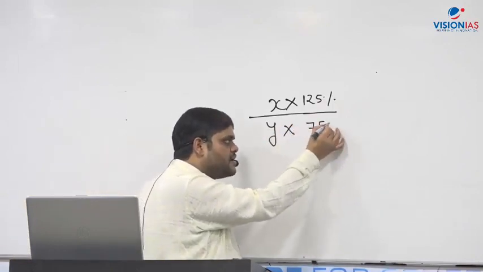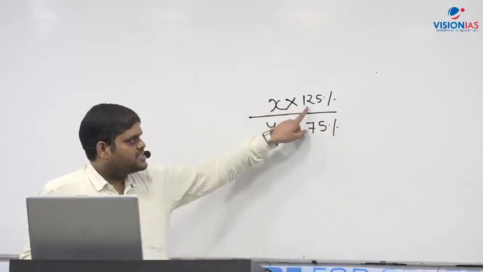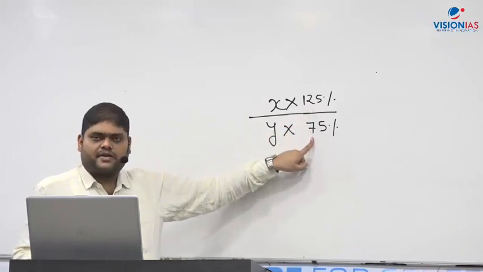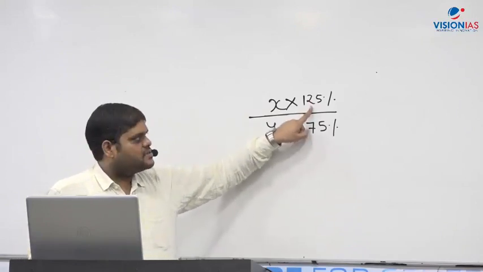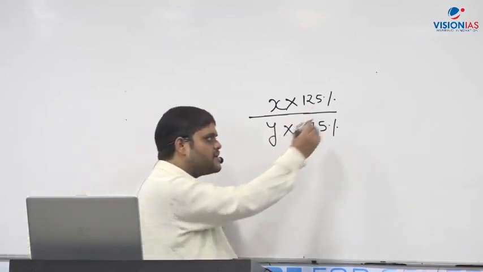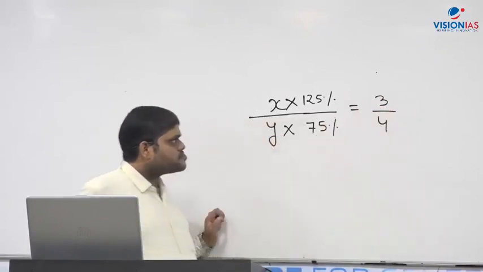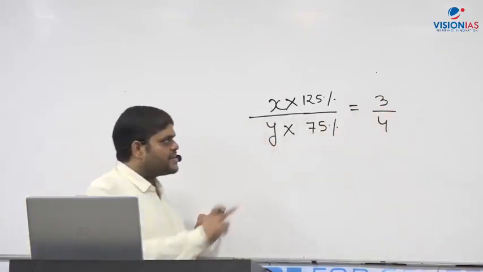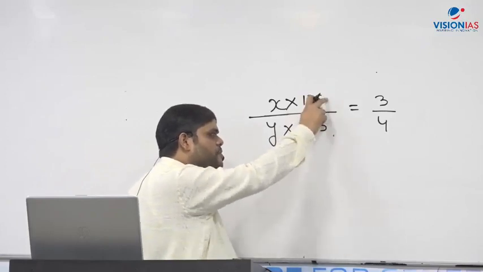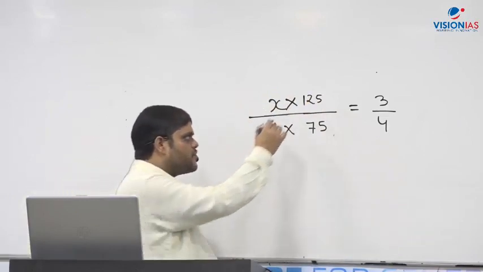That means this becomes 75%. So when increased, 125%, when decreased, 75%. And now the value is 3 upon 4. We can remove this percentage sign. Why? Because here also percent is there, here also percent is there. Now we can solve this thing.